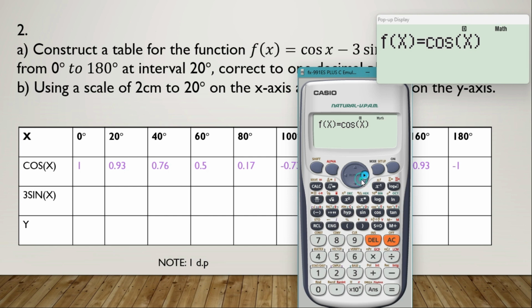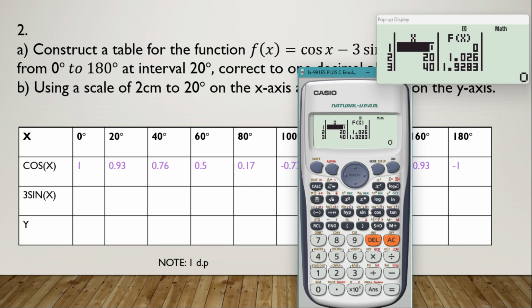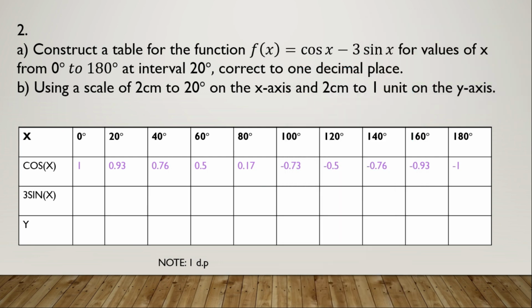Let's clean this one, and you get 3 sine x with the same interval. So these are the values. We have 0, 1.2, 1.026, 1.928, and you are good to go. So these are the values that you fill inside.